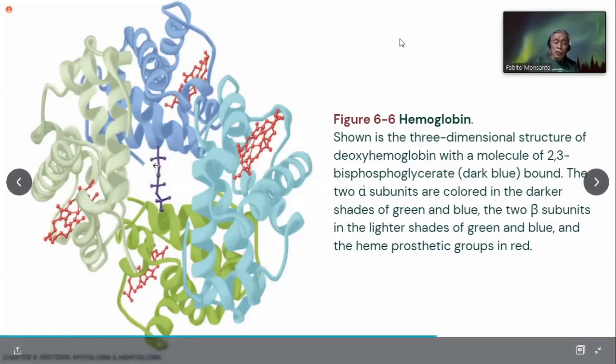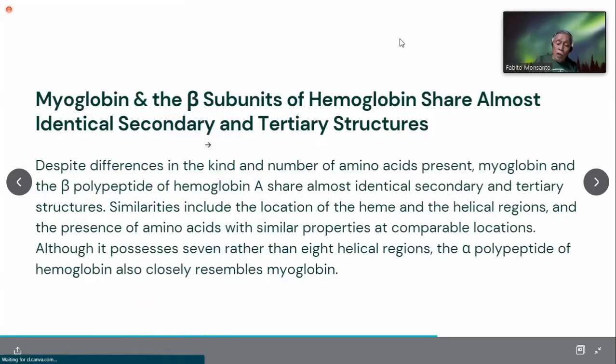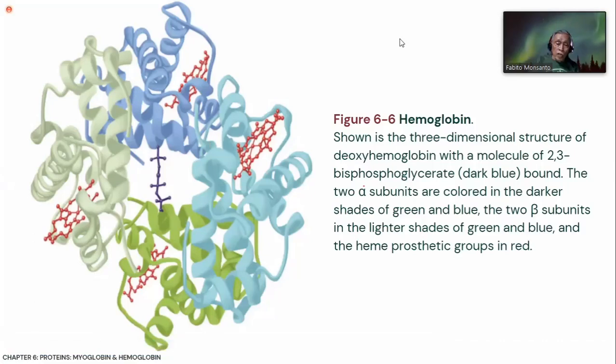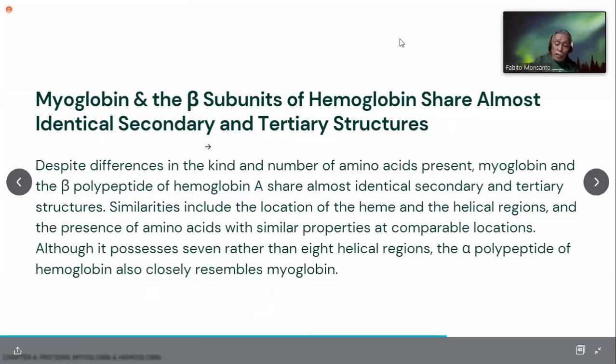This is present only during deoxygenation, meaning the oxygen from the heme is removed or being downloaded into the tissues that require oxygen. So it is now in a state of what we call deoxyhemoglobin, without oxygen.